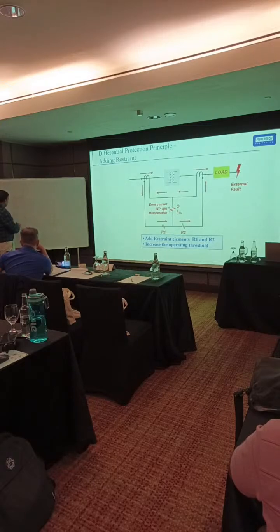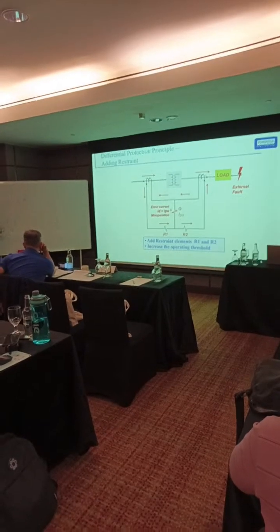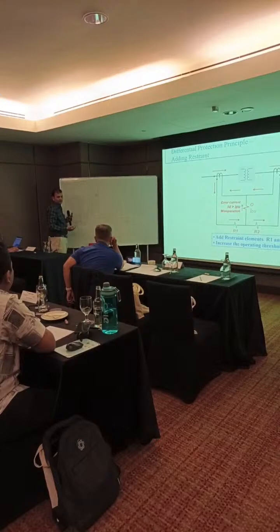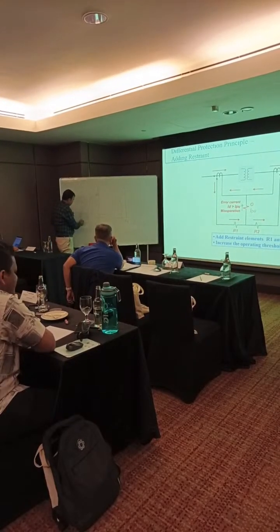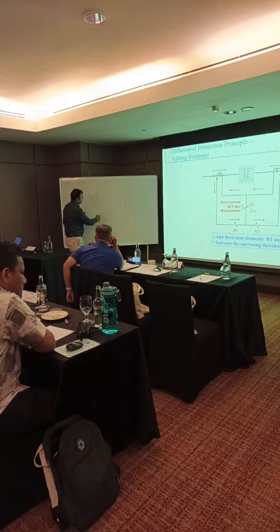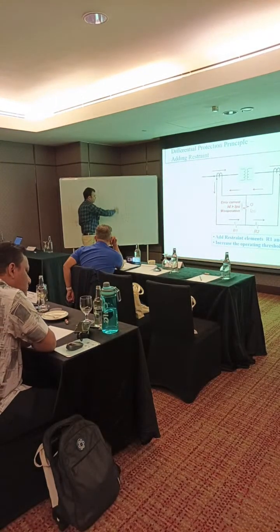So in this case, it is required. If there was no restraining coil, then at this point the differential relay may have tripped. Due to this restraining coil, the relay is not tripping, and it is following this slope.